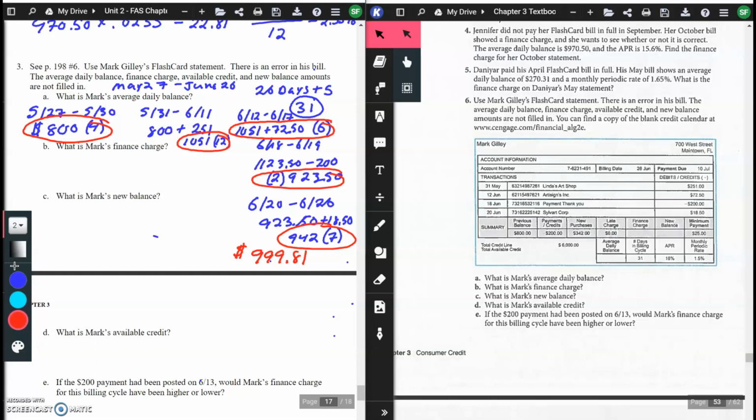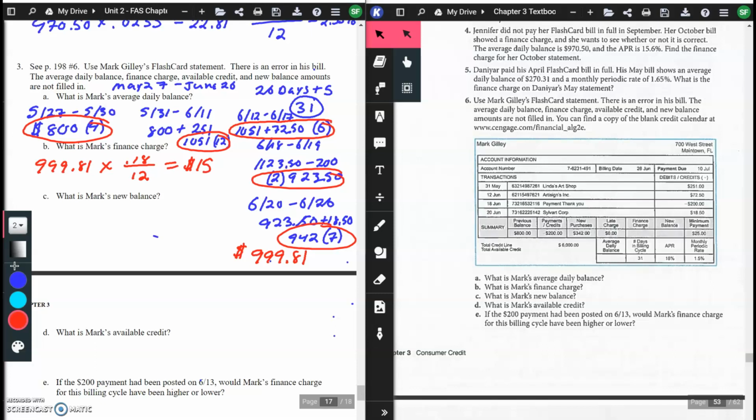Okay, his finance charge, so $999.81 times 0.18 over 12 equals $15 finance charge.